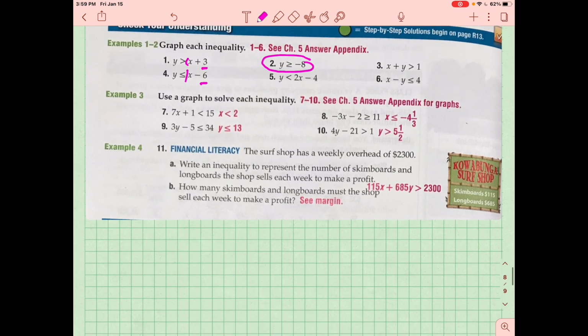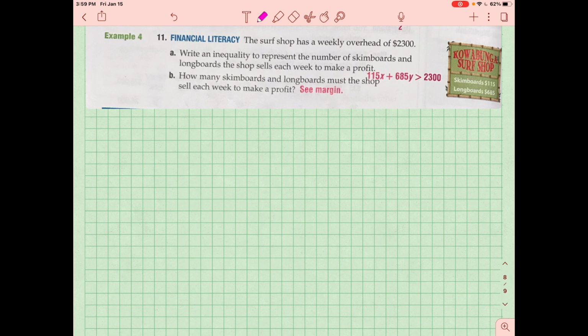That would be y is greater than or equal to negative 8. So not a lot of math to do. We can pretend that this is y is equal to negative 8.